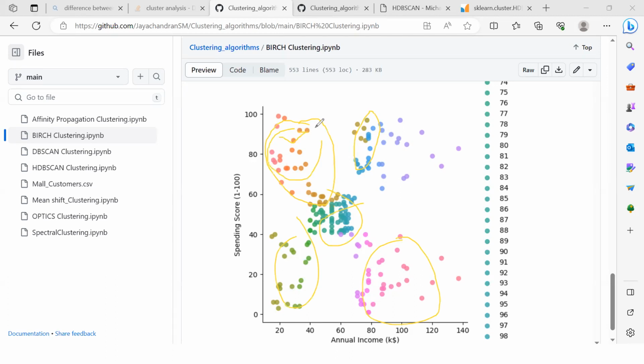It wouldn't say explicitly this is the cluster as such, but by comparing these data points, we can say that this is the reachability distance of data points. I hope I'm clear with this PPT.